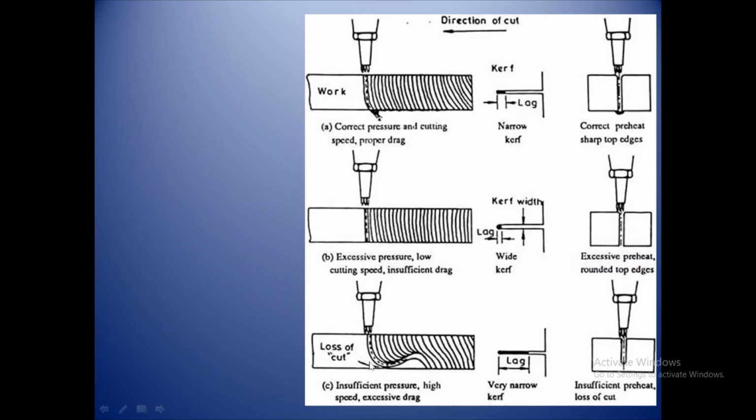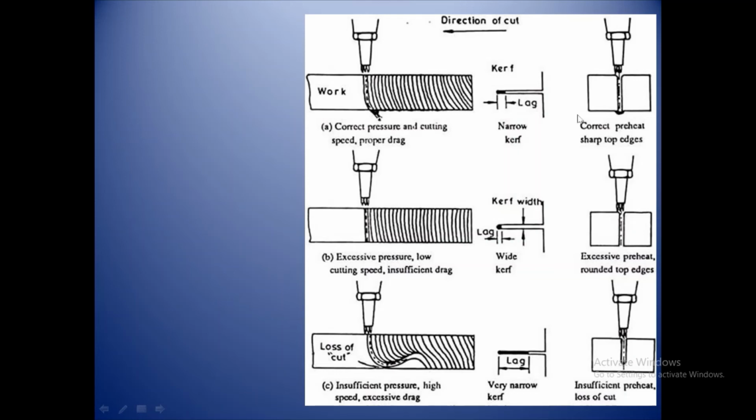Here lots of drag has been created, which is not good. This top portion has been cut, and this portion is not yet cut, so this is not desirable. And in this case the curve width is also very narrow, which is also not good.